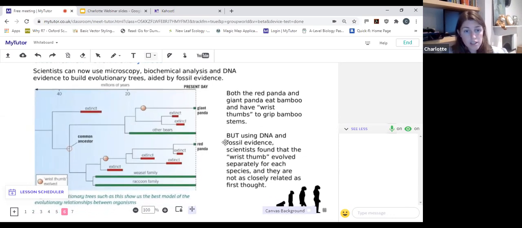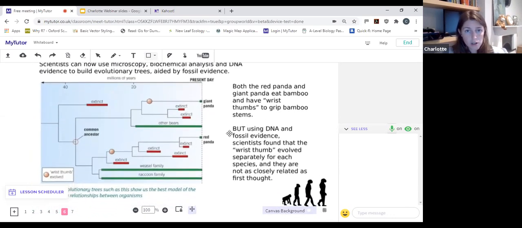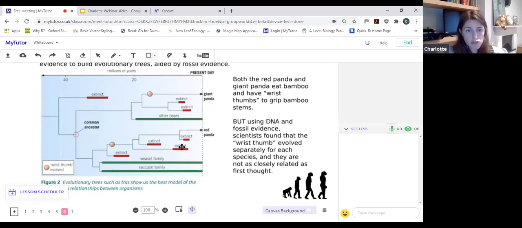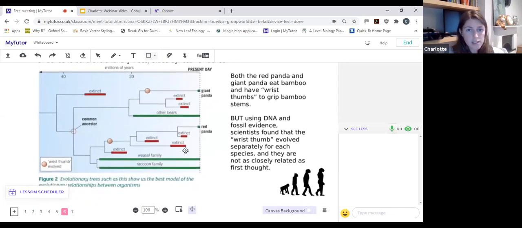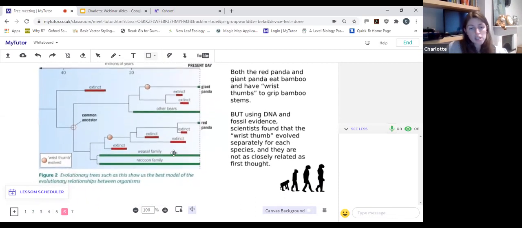There's a little example here of an evolutionary tree, taken from the AQA textbook. Evolutionary trees such as this show us the best model of the evolutionary relationships between organisms. You usually work from left to right, and you have what's called a common ancestor.